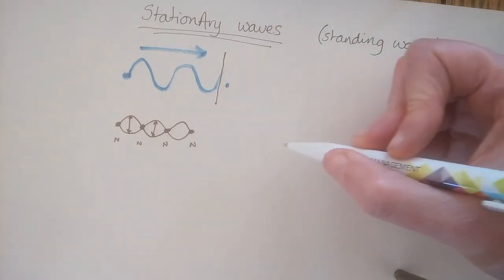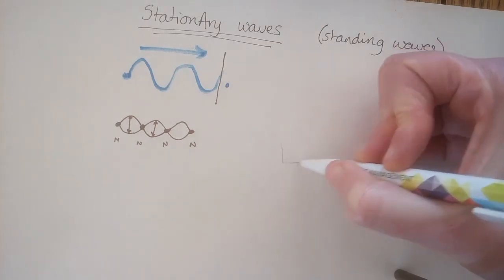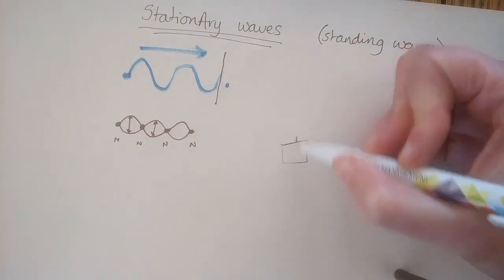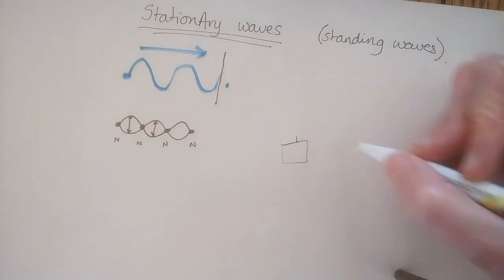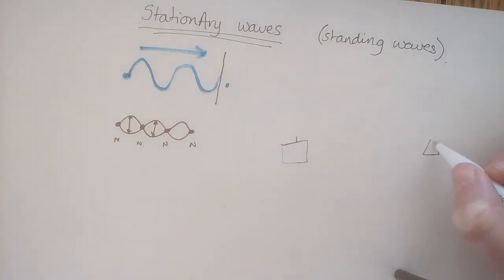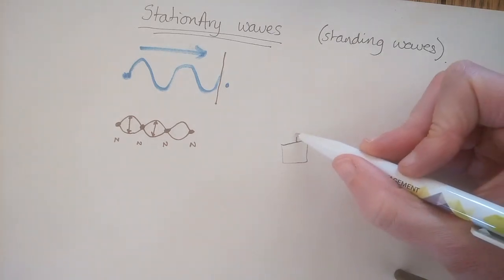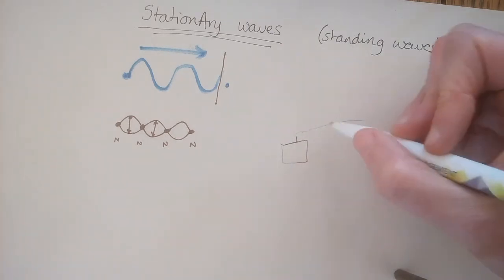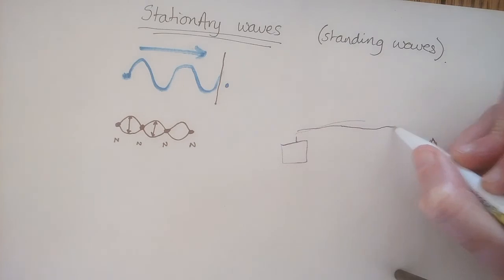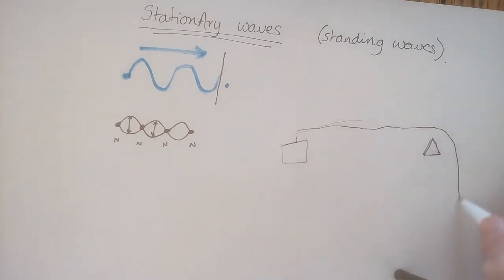The vibration generator is just something that moves up and down. Then you'd probably have a triangle made of wood or something, and a bit of string going along over there, and you'd put some tension on the string.